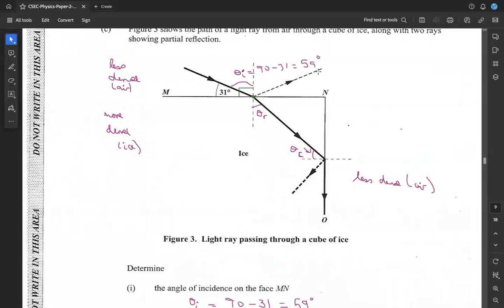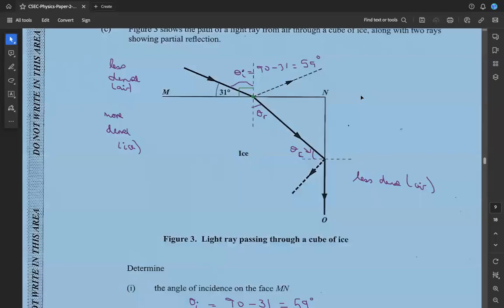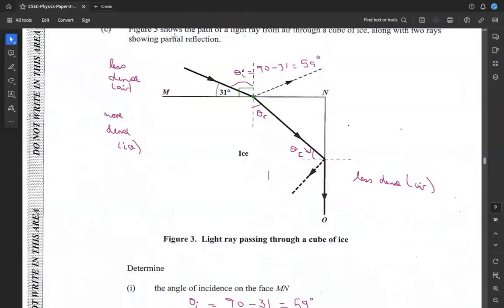Based on our laws of reflection, whenever reflection occurs, our angle of incidence is going to be equal to our angle of reflection. It's between the reflected ray and the normal, so it will just be this one here.